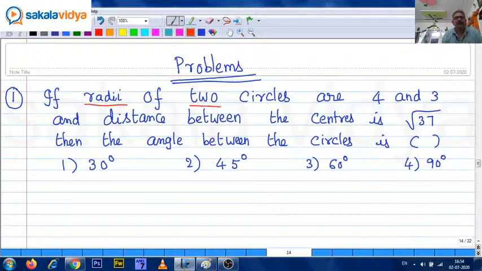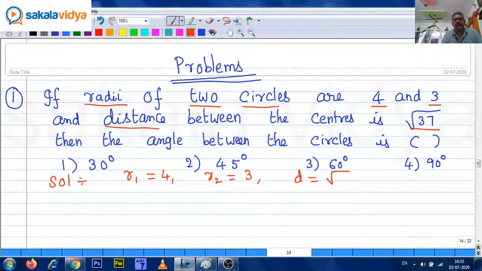Radii of two circles are 4 and 3. The distance between the centers is root 37. Then the angle between the circles we need to find out. That means what is given here? R1 equals 4, R2 equals 3, D equals root 37.